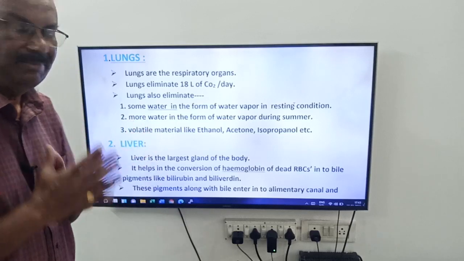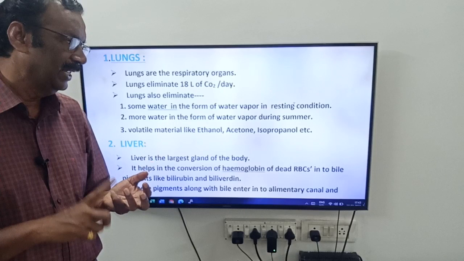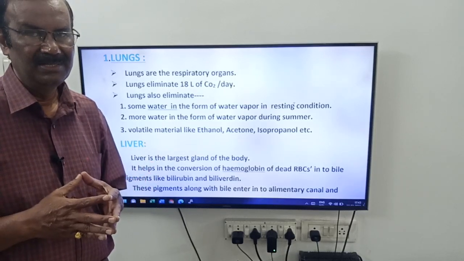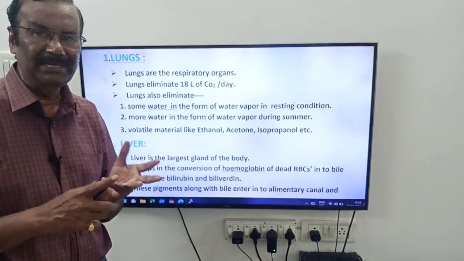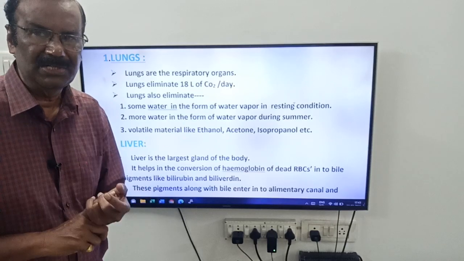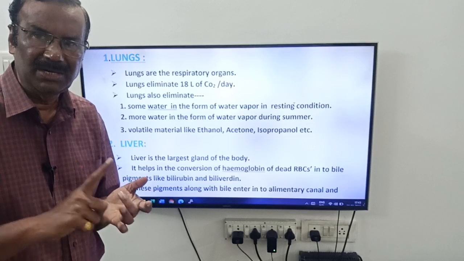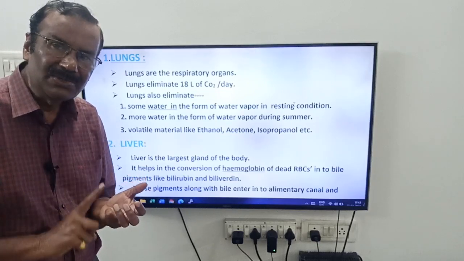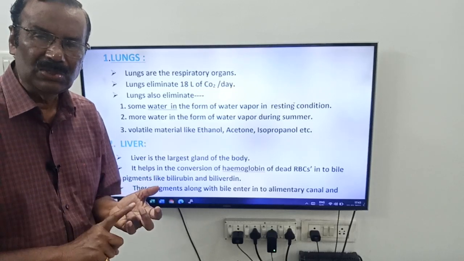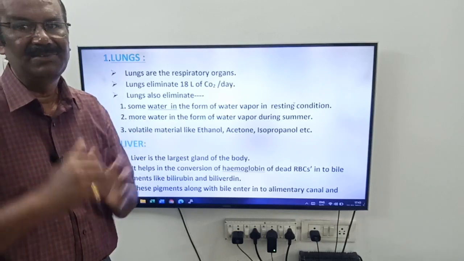So lungs eliminate some water in the form of water vapor during normal conditions, more water in the form of water vapor during summer or dry days, and also eliminate volatile materials like ethanol, acetone and isopropanol. That is about the lungs.